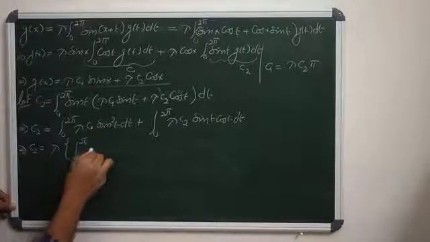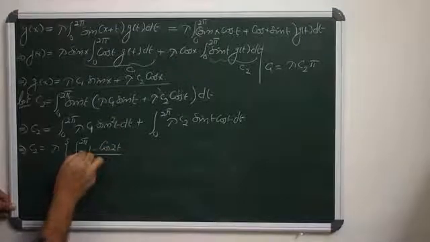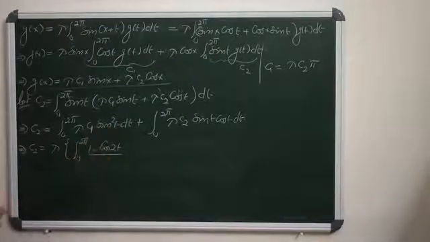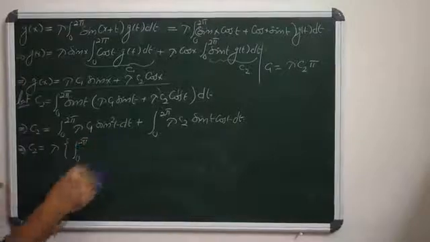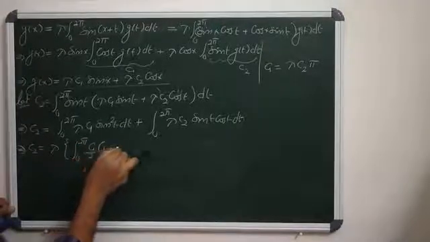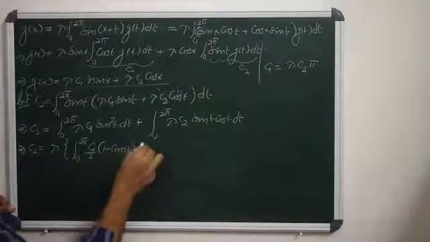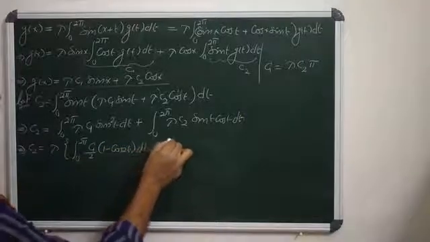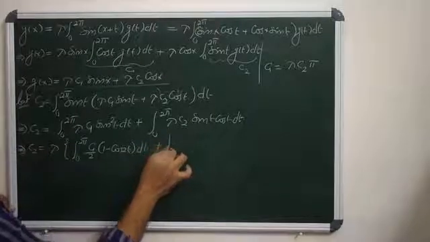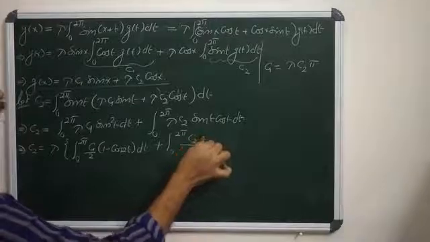Sin square t means 1 minus cos 2t by 2, so C1 by 2 into 1 minus cos 2t dt, plus lambda goes outside, integral 0 to 2 pi C2 by 2 into sin 2t.